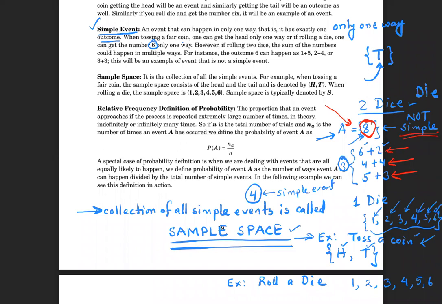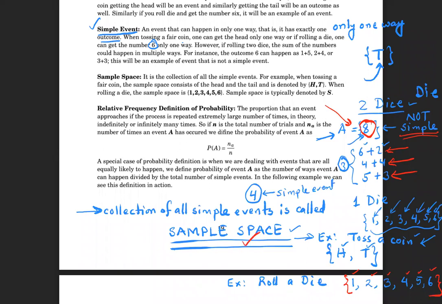We say either simple event or not a simple event. However, these are simple events each individually. And when you roll a die, there is nothing else that could happen. You will get nothing but 1, 2, 3, 4, 5, or 6. And together, they form a sample space.